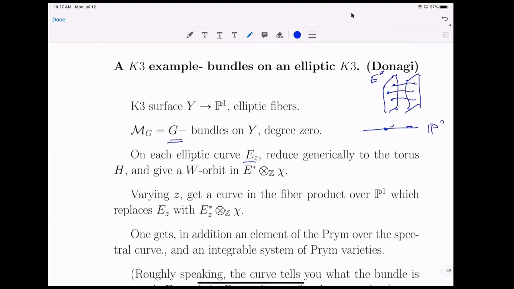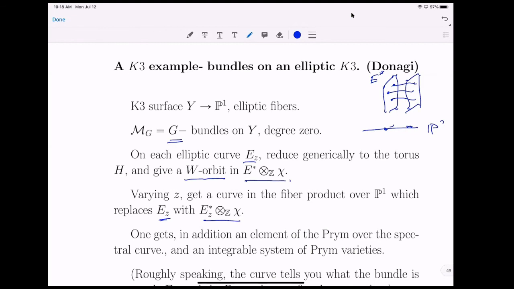And so basically, this is only a local picture, and more invariantly, you're getting a Weyl orbit in this picture. And so you get a curve in the fiber product over P1, which replaces the E_z with E_z star tensor the chi.